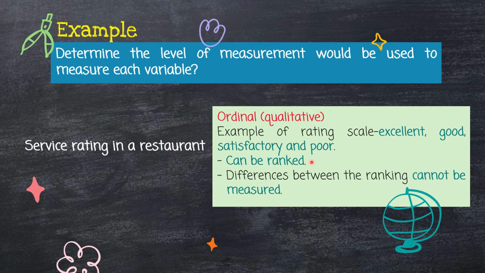It can be categorized and ranked. So let's say excellent is the first rank, good is the second, satisfactory is the third, and poor is the fourth. The differences between the rankings cannot be measured.